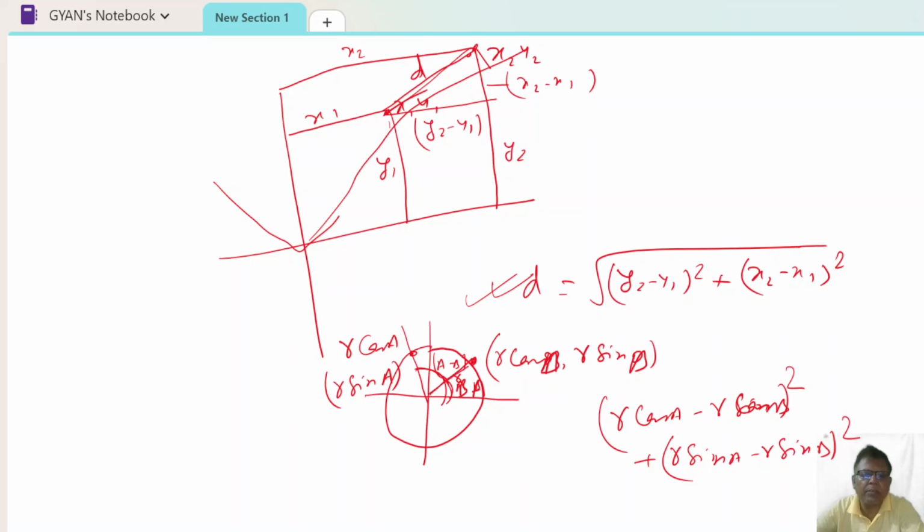Now rotate this by angle B. Here the coordinate will definitely be r, comma, 0, because this distance is r.